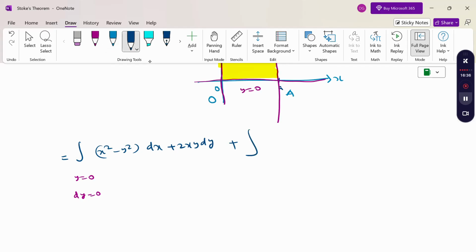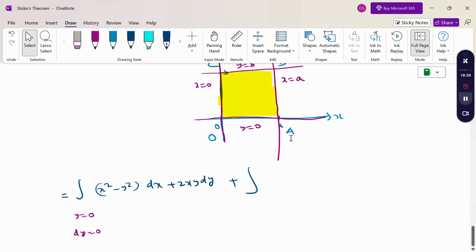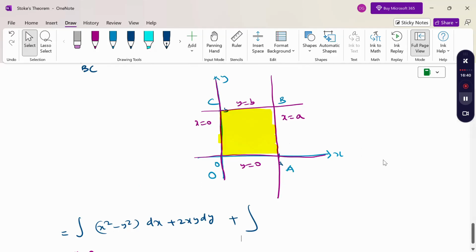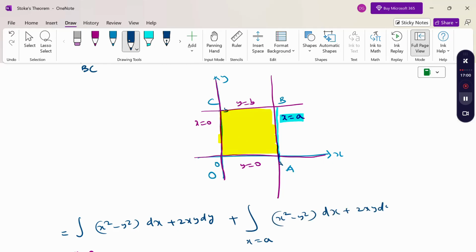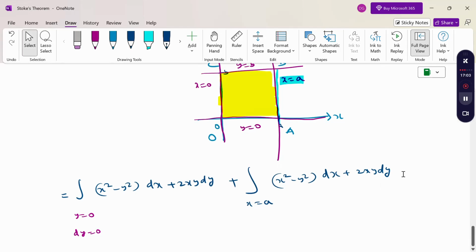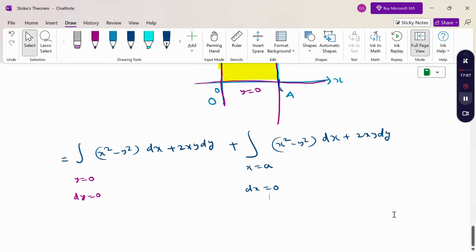The integral from A to B, which is x equal to a. Therefore, with x equal to a, (x square minus y square) dx plus 2xy dy, and dx is 0.